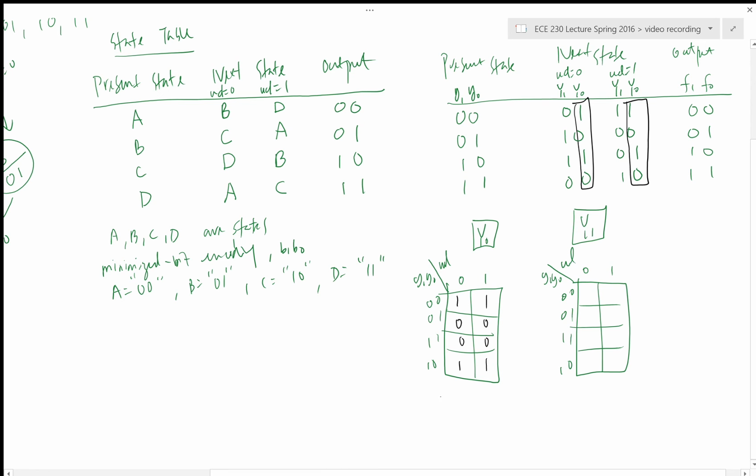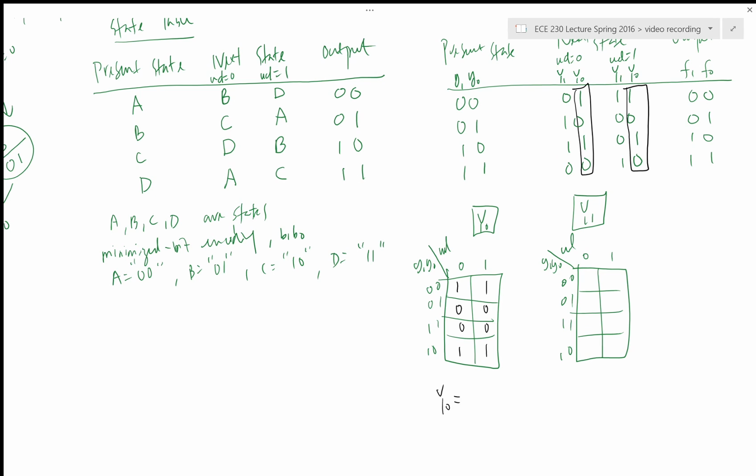So you can tell that cap Y0 is actually y0 not. For this and that, it is 0 1 1 0 1 0 0 1.